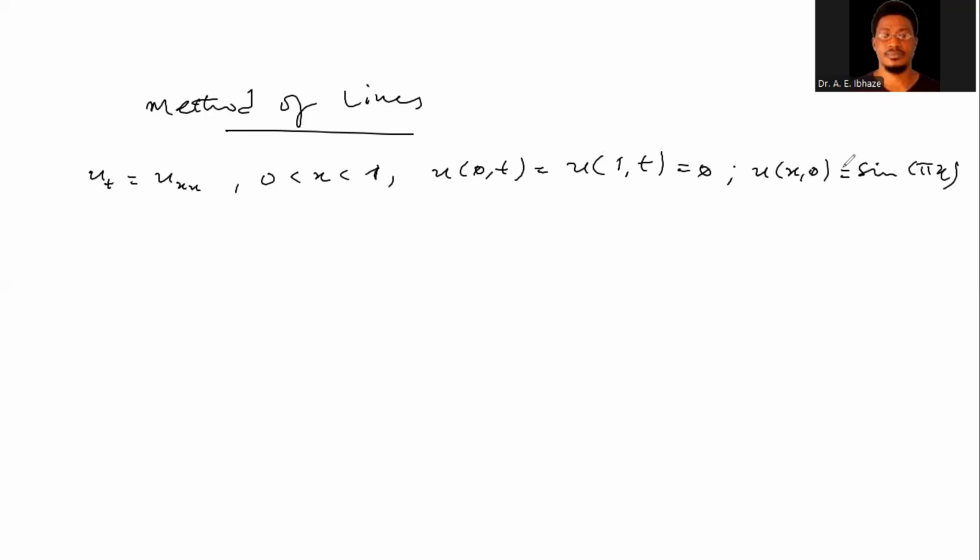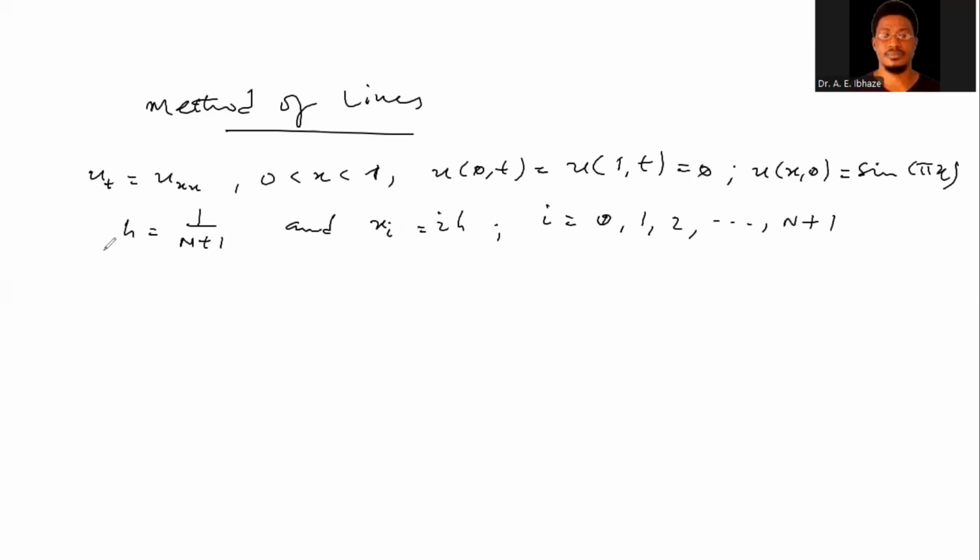Suppose we introduce n interior nodes. So then it means that the step size will be h equal to 1 over n plus 1, okay? And then s sub i will be the same as i times h, for which i takes on values from 0, 1, 2, all the way to n plus 1.